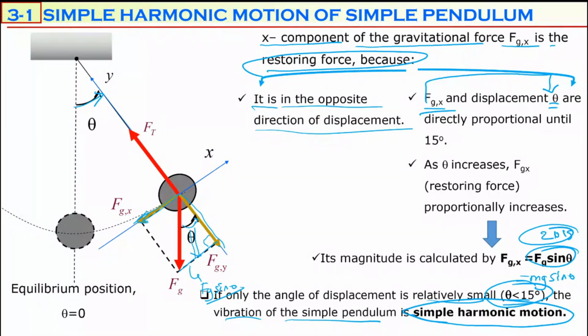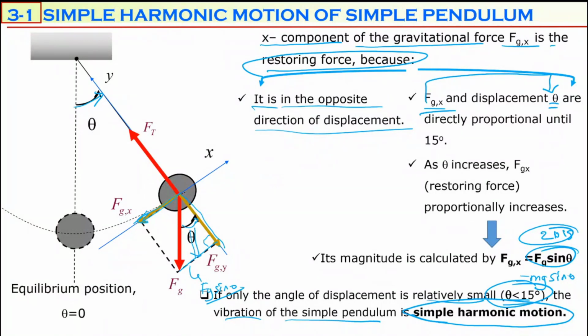Teacher, if the angle was bigger than 15 degrees, is there still a restoring force? No, the restoring force must be proportional to the angle. As the angle gets bigger, this proportionality disappears. That's why, your book is saying 15, but some scientific books take it until 12 degrees.